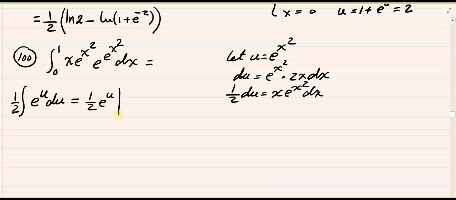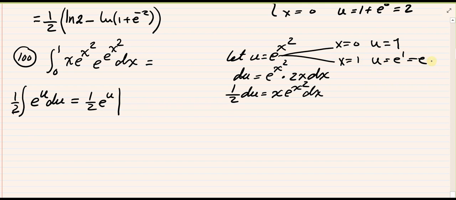And the limits of integration, let's go here again. When x is 0, u is going to be e to 0, which is 1. When x is 1, the exponent is going to be e to the first power, which is e. So 0 to 1 goes from 1 to e in this case. And evaluation is from 1 to e. Those are our evaluation points.